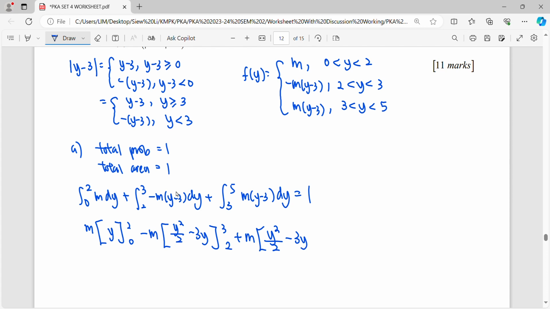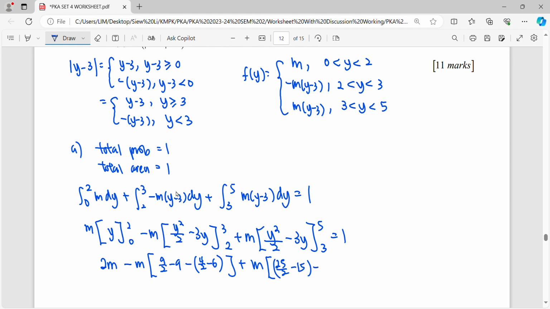Integrate constant, we get 3y. Then we substitute upper limit minus lower limit. Substitute 2, it will be 2m minus 0. So here 9 over 2 minus 9, minus 4 over 2 minus 6. This one 25 over 2 minus 15, substitute 5 minus 3.